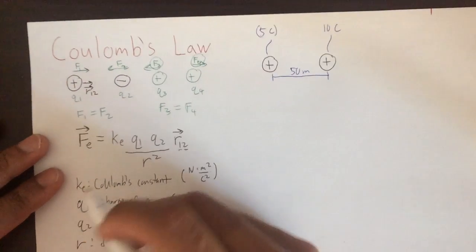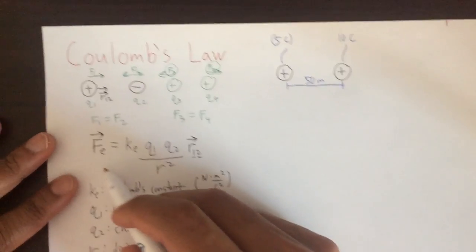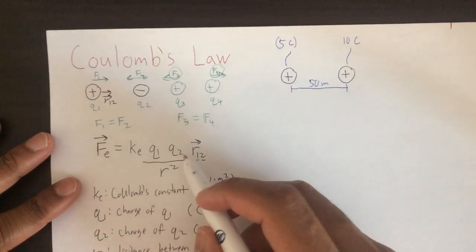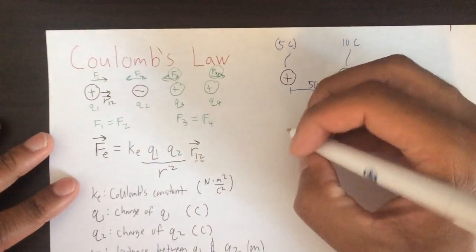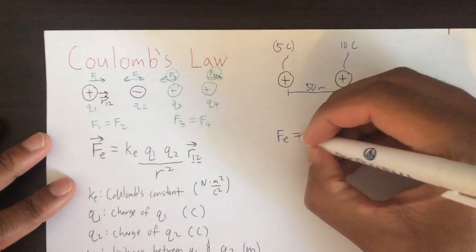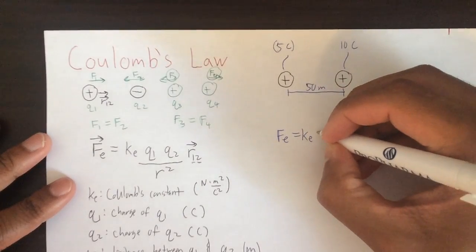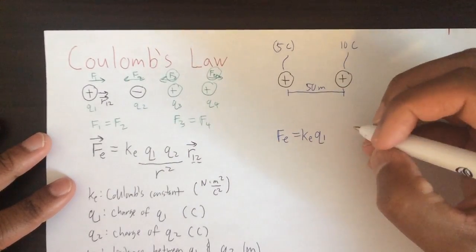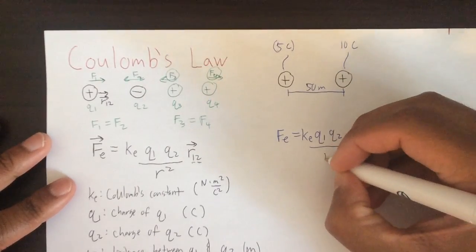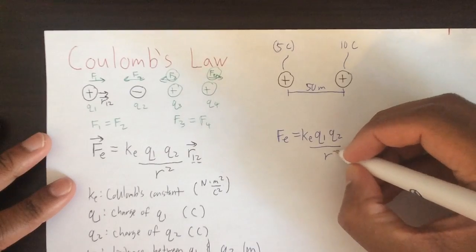So if we apply this equation and convert it into a scalar form, we're going to get Fe is equal to Coulomb's constant times the charge of Q1 times the charge of Q2 divided by the distance between them squared.